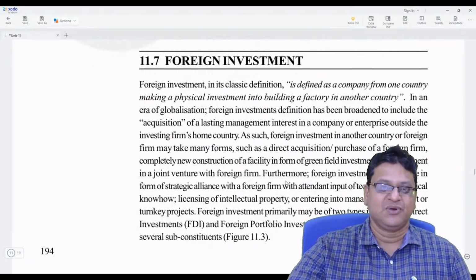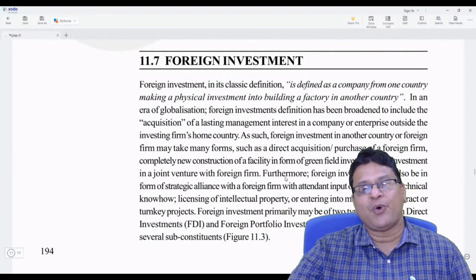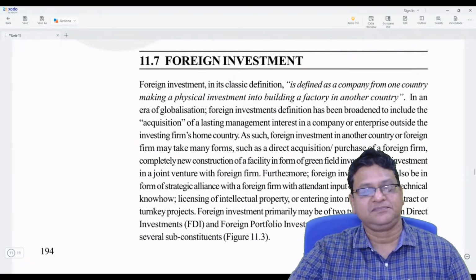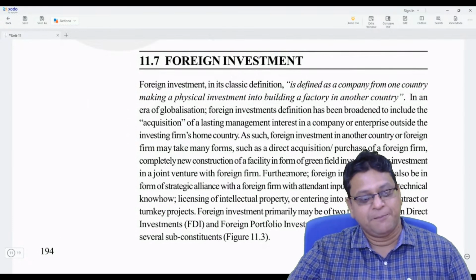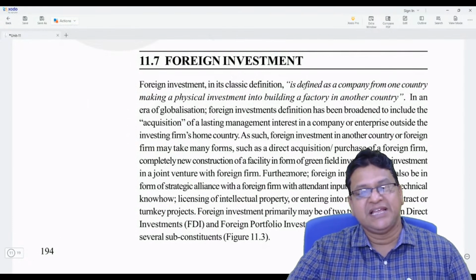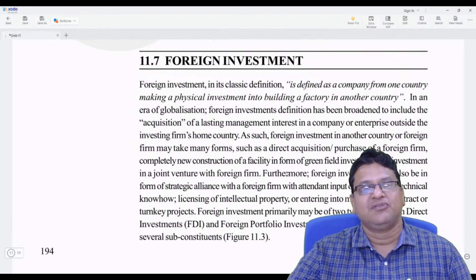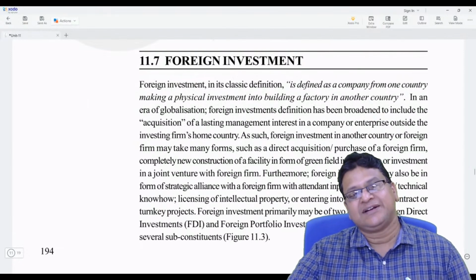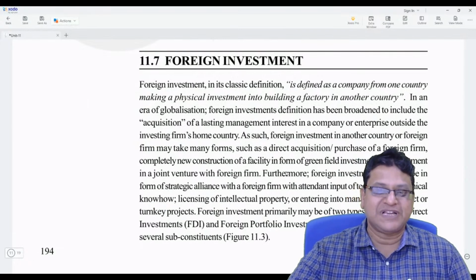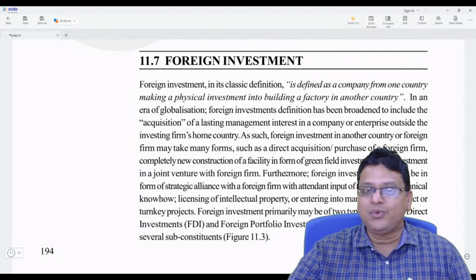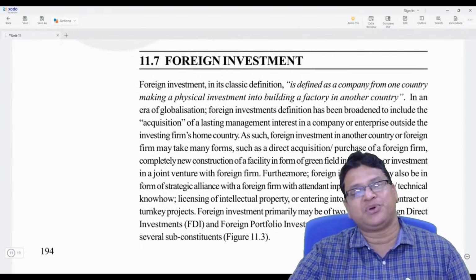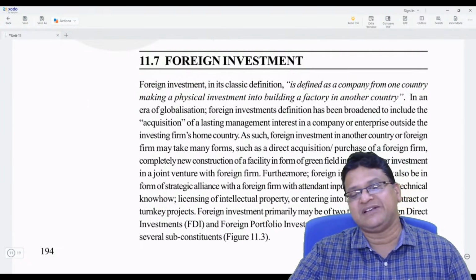Next, we will discuss one concept that is known as foreign investment. What is foreign investment? Foreign investment simply means investment by a person of foreign origin into your country. Investment coming from outside the political boundary of your country is known as foreign investment.